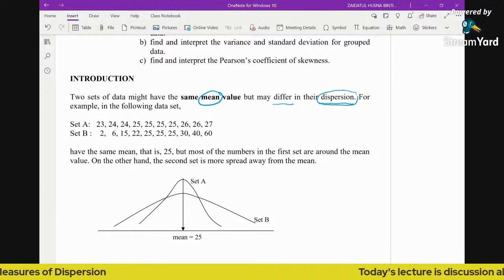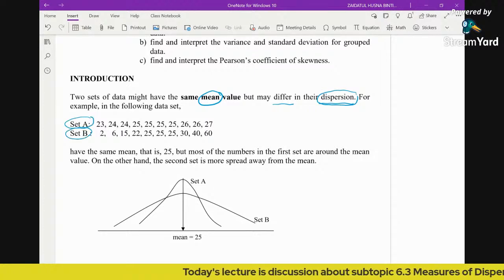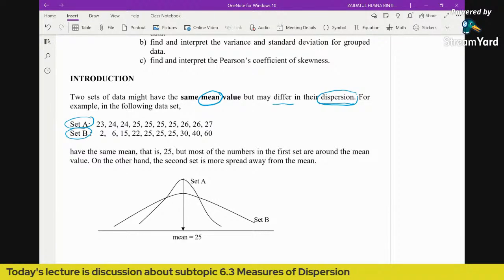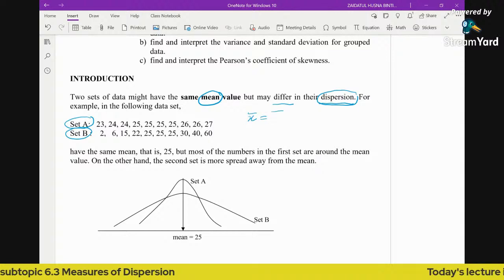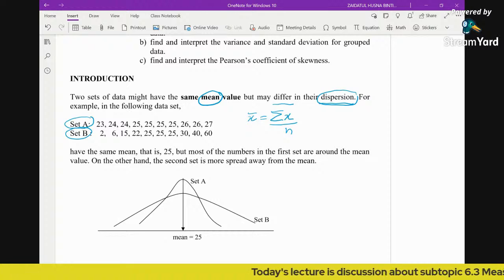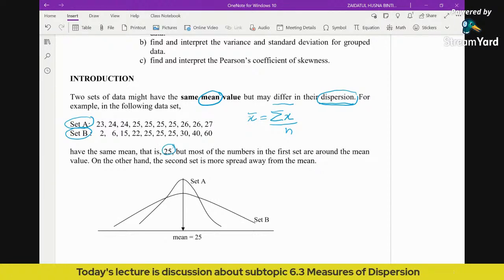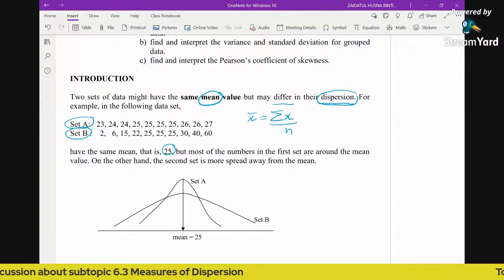For example, in the following data set, between these 2 sets, A and B, if you try to find their means using the formula, we recall the formula of mean for ungrouped data: sum of x divided by n. You may notice that the means are both 25.